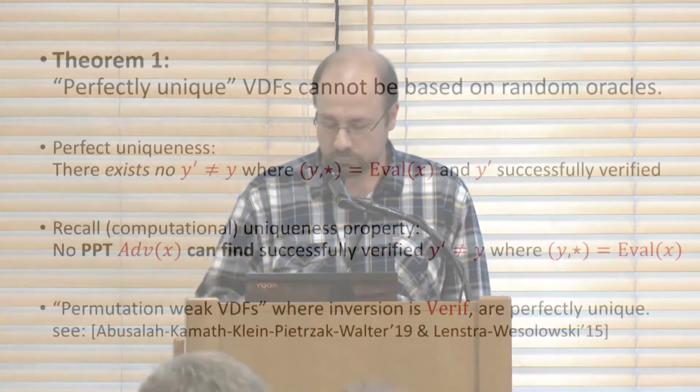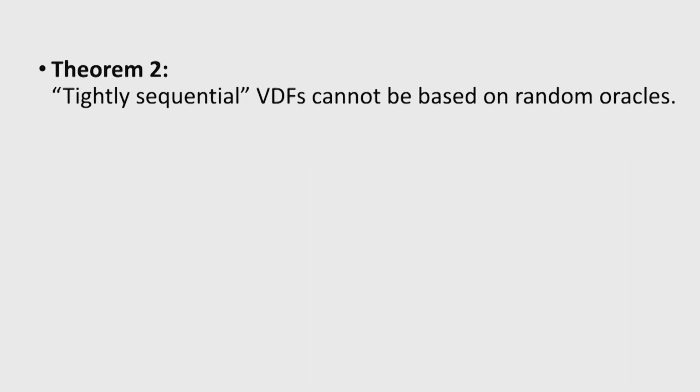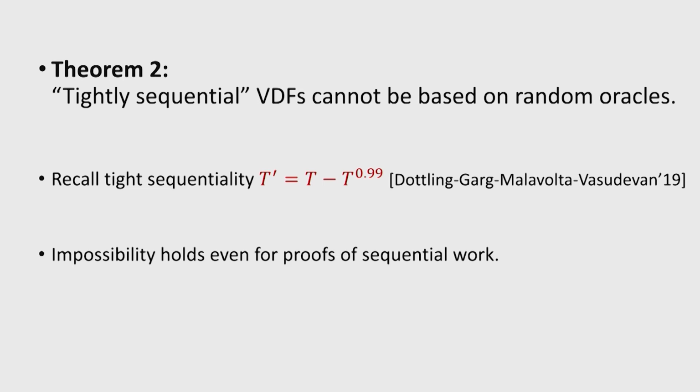So it complements results about weak VDFs of the form of permutation, but almost all natural or practical VDFs are actually computationally secure. The second result is about another type of VDFs, which I point out very quickly, tightly sequential VDFs that were recently focused on by Dottling, Garg, Malavolta, and Vasudevan, where the sequentiality is very strong and we want very sequential functions.